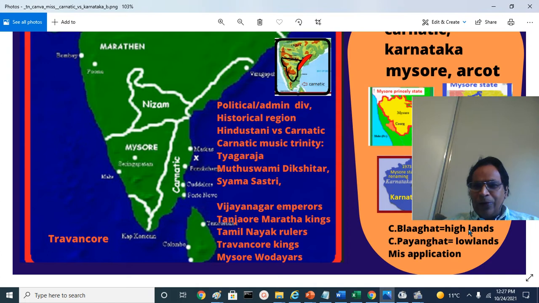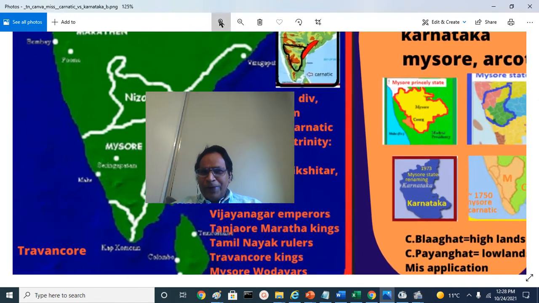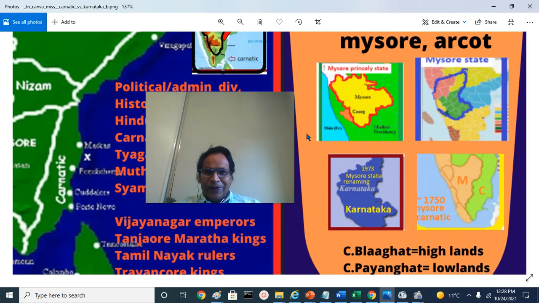Balghat region, mountainous region, highland plateau. What is Carnatic? Payanghat region, lowland region, Balghat region, highland region, and the misapplication of the word Carnatic. So those things will be made crystal clear to you.